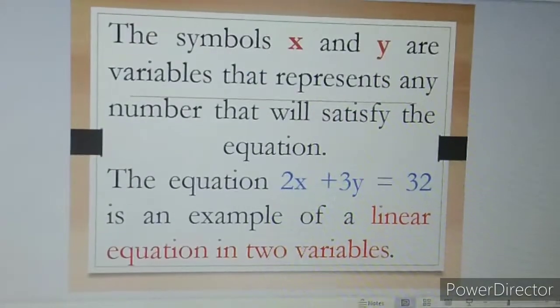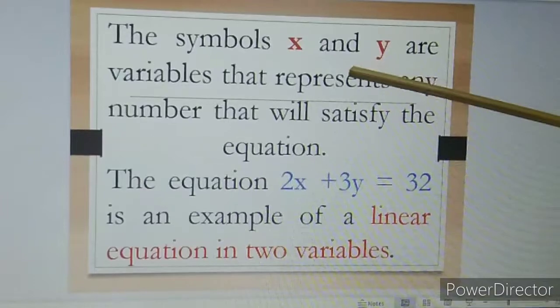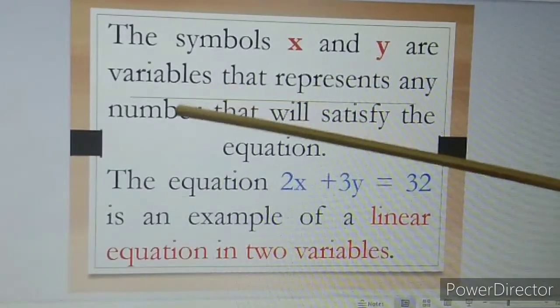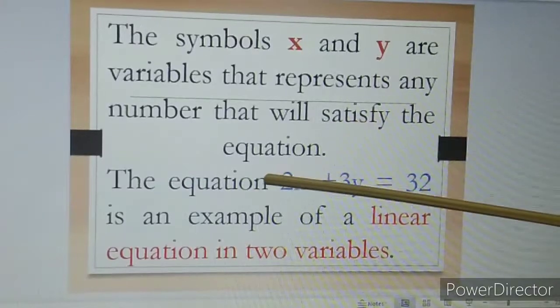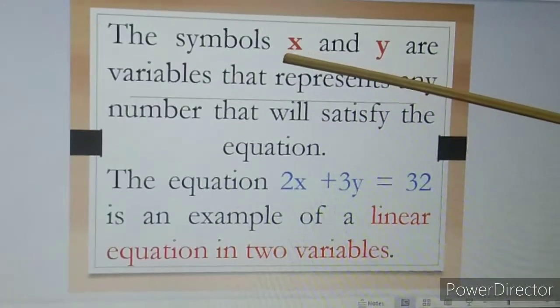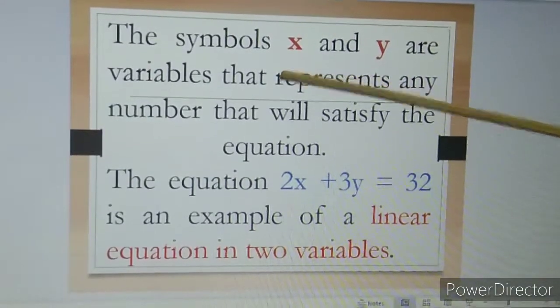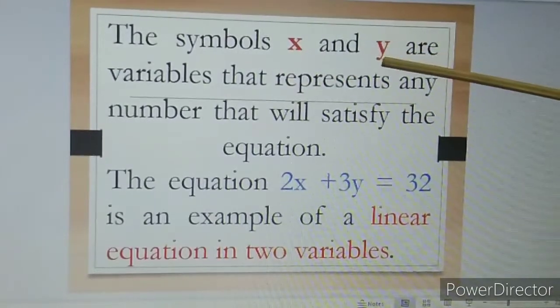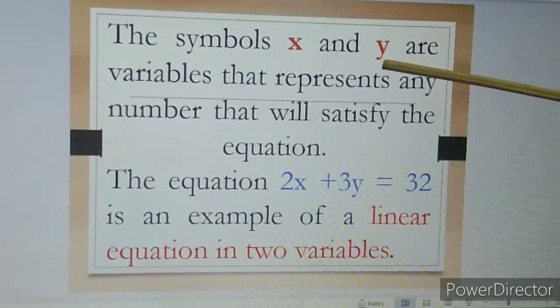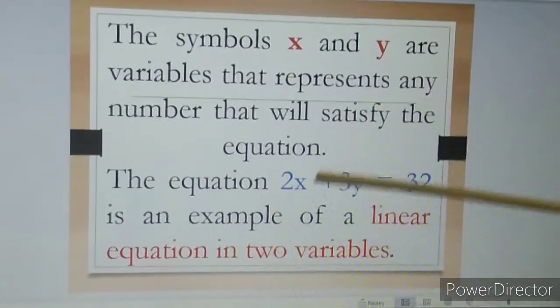The symbols x and y in our example earlier are variables that represent any number that will satisfy the equation. So x is the value that we can get from the horizontal number line in our Cartesian plane, and y is any number from the vertical number line in our coordinate system.